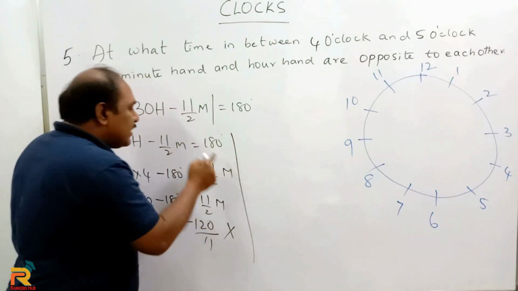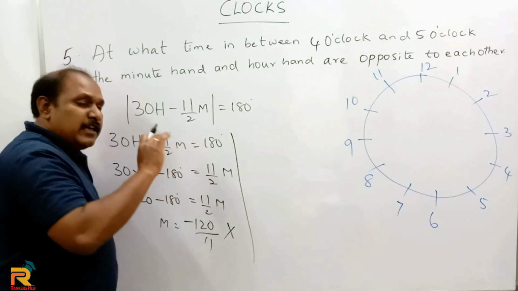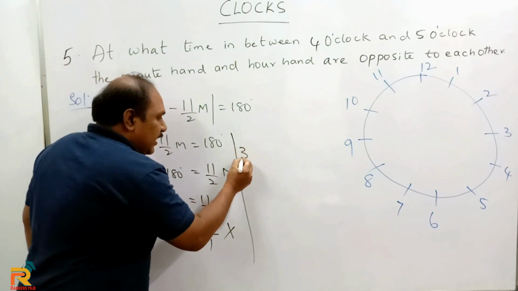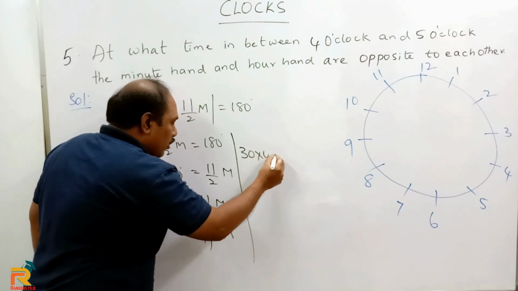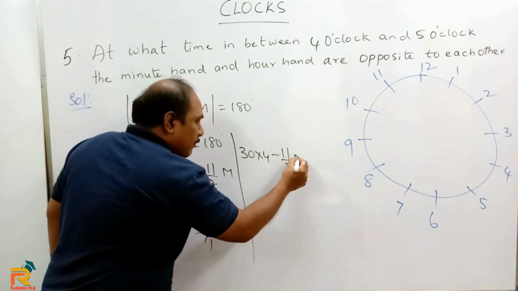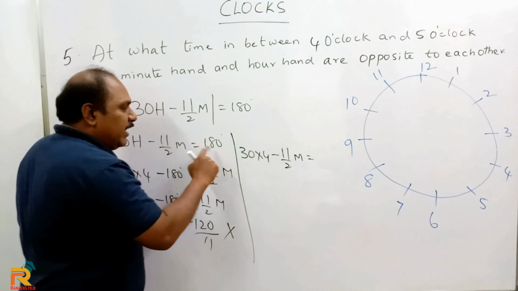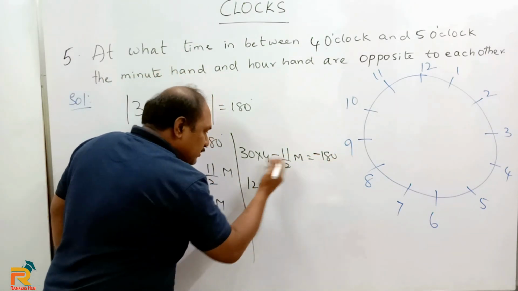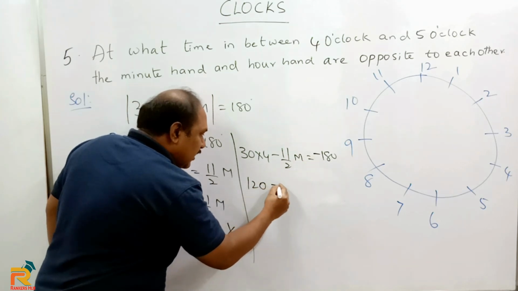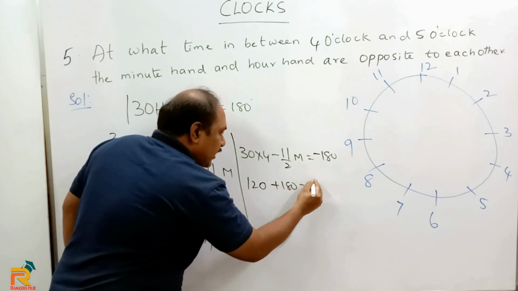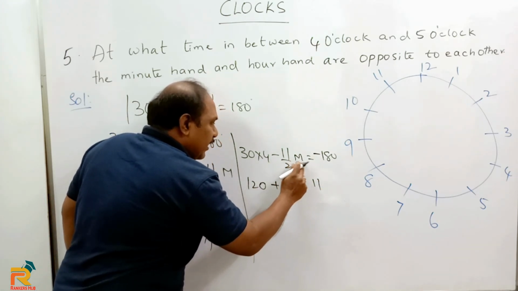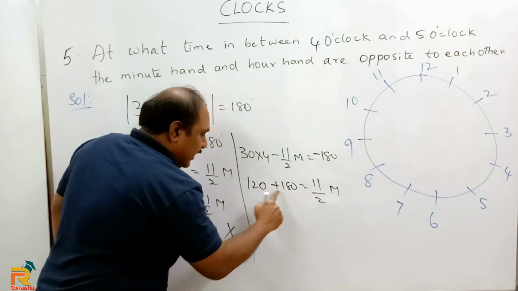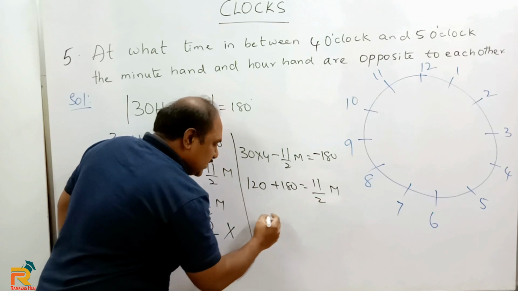So when I don't get the answer by taking plus 180, immediately I have to take minus 180 and solve it. So 30h, that is 30 into 4 minus 11 by 2m. Here we have taken plus 180, now take minus 180. So 120, bring this minus 180 to the left hand side, plus 180 equal to, take this minus 11 by 2m to the right hand side, 11 by 2m. 120 plus 180, 300 into 2, 600.